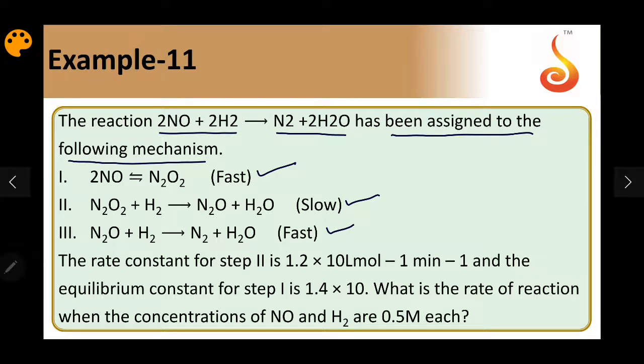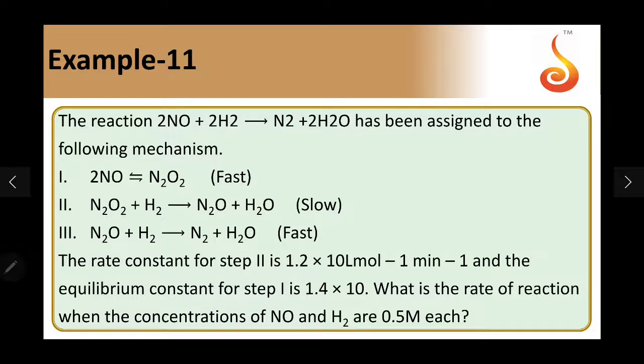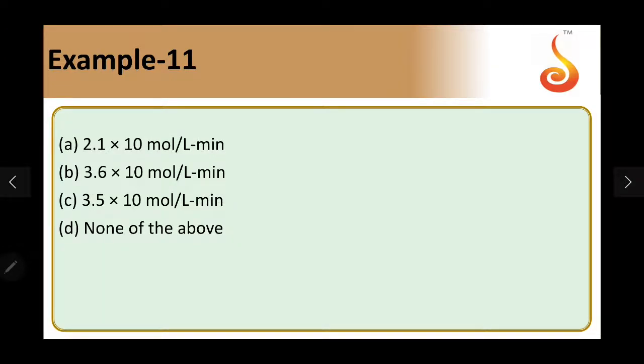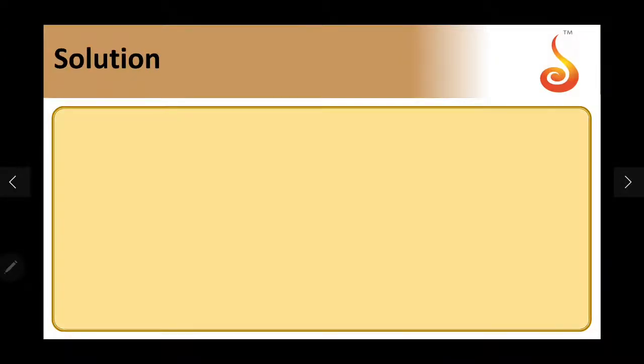The rate constant for the second step is given, and the equilibrium constant for the first step is given. We have to find the rate of reaction when the concentrations of NO and H2 are 0.5 molar each. Okay, we'll go to the solution. These are the options, we'll come back to it later.